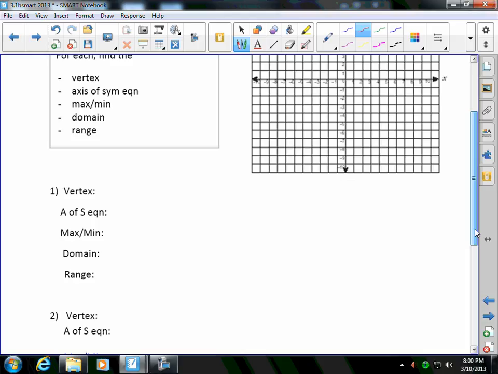So, starting with the equation, f of x is equal to 2 times (x plus 6) all squared minus 3. When you're given the equation, you always start by identifying what is a, p, and q.